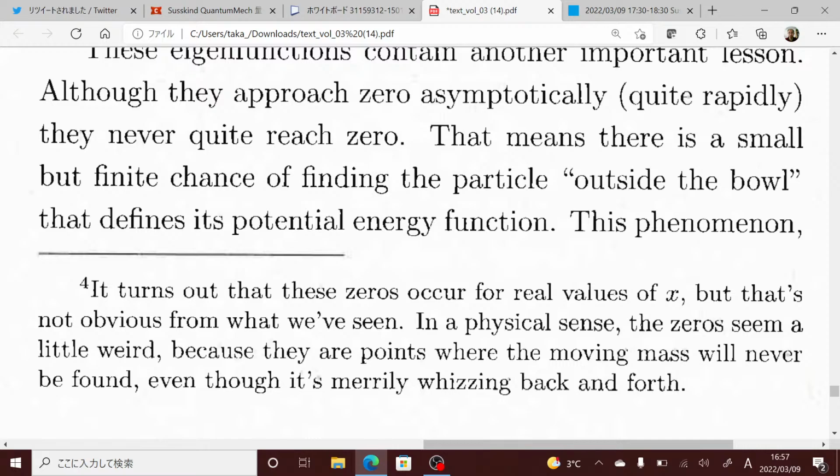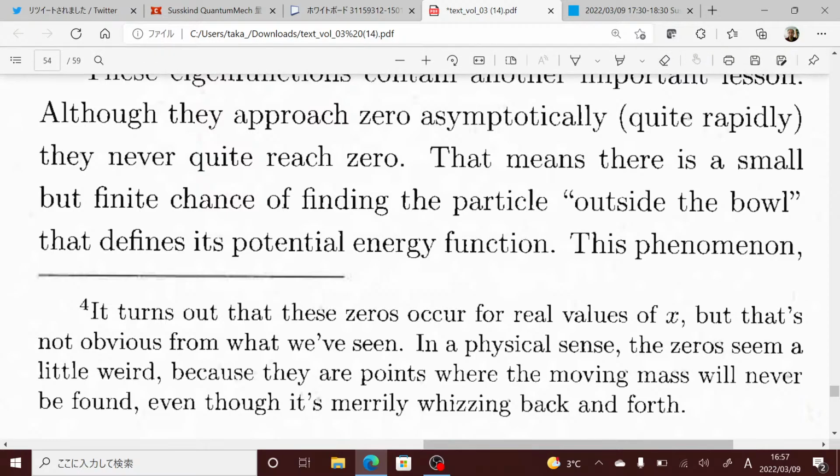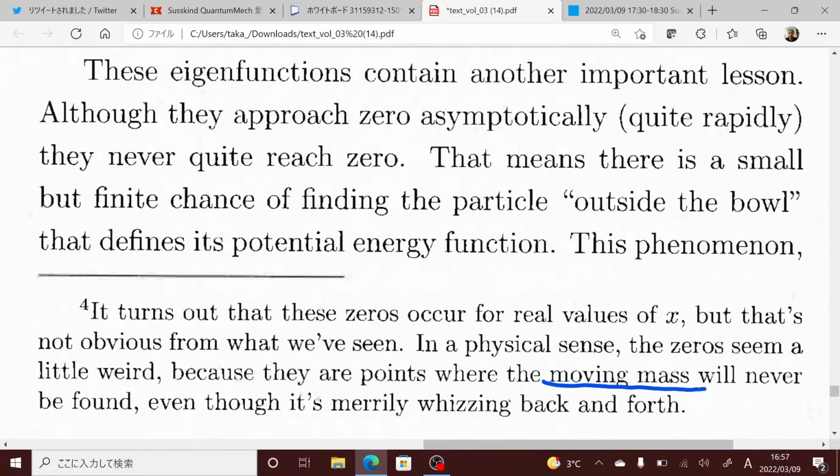In a physical sense, the zeros seems a little weird because they are points where the moving mass will never be found. Moving mass will never be found.